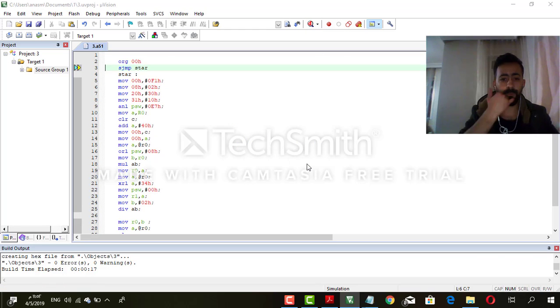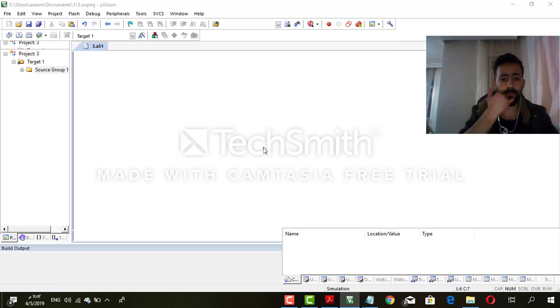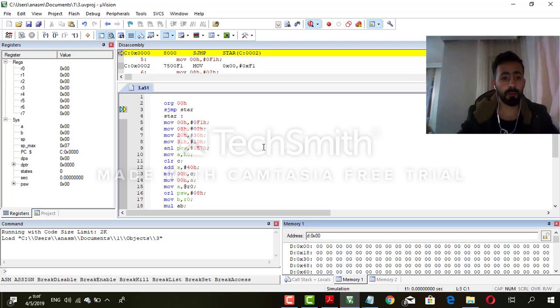Okay, no problem. As we see here, the registers R0, R1, R2, R7, the accumulator, the register, and the data pointer, and the memory here. I will start step by step.